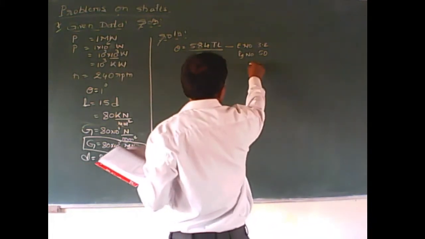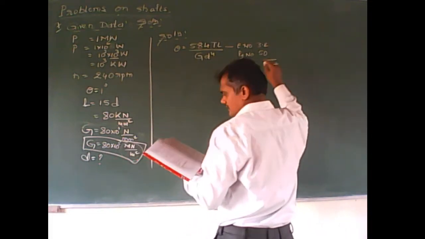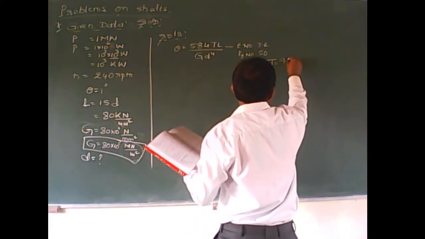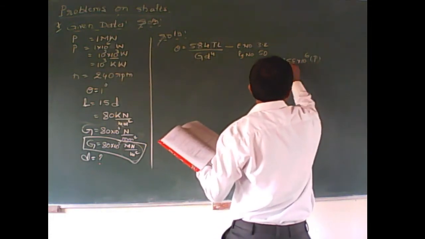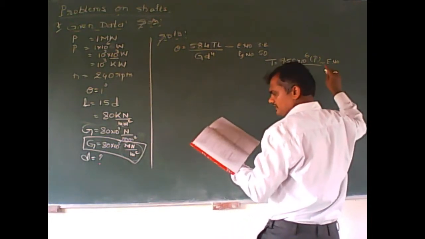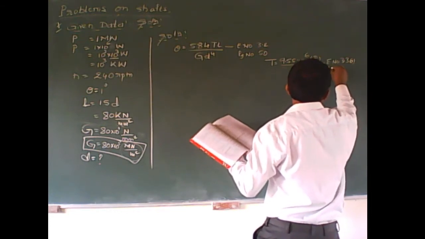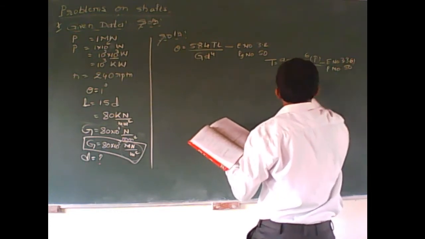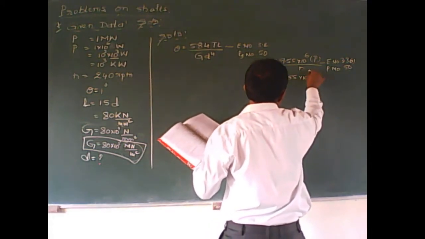Okay, let us again use this equation, that is T is equal to 9.55 into 10 raised to 6 P divided by N. Equation number 3.3a, and the page number is 50. So T is equal to 9.55 into 10 raised to 6.